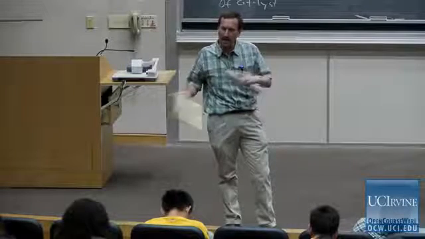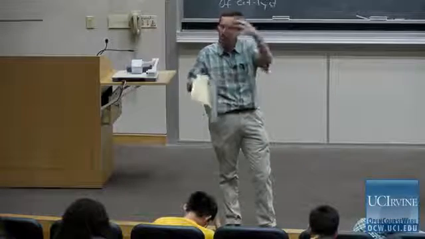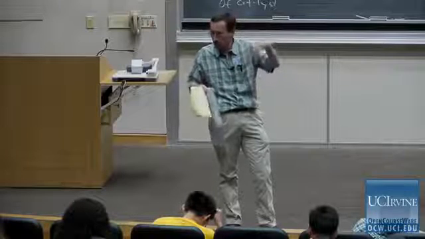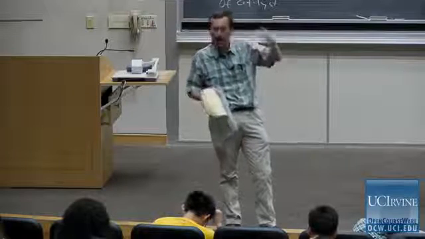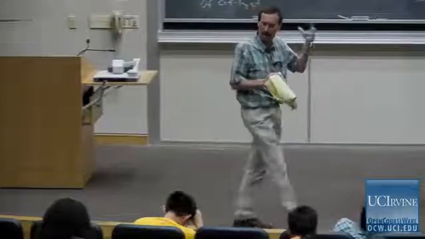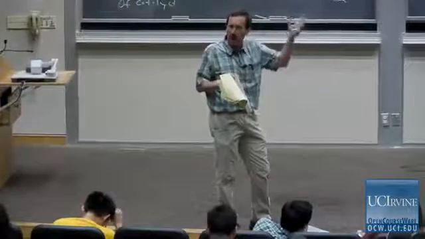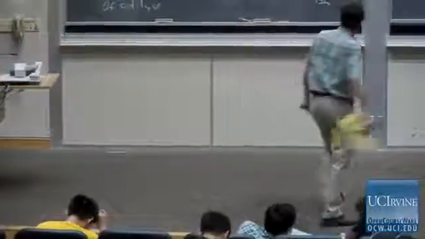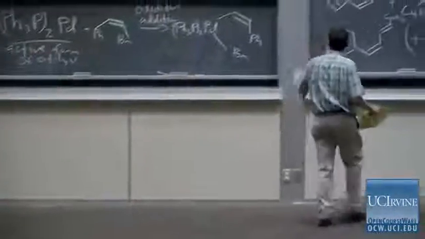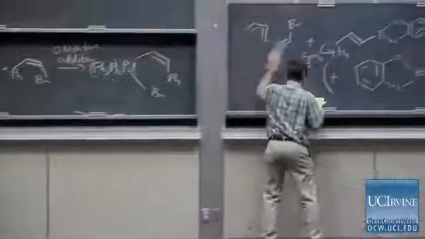Well, palladium likes ligands that have more diffuse lone pairs and can participate in other types of interactions, pi back-bonding interactions. And so as a result, you have phosphorus as a ligand rather than oxygen. All right, that's the oxidative addition step.